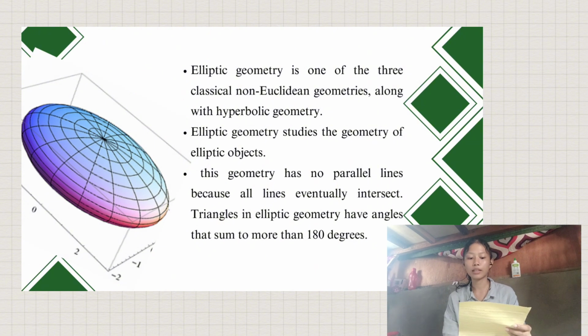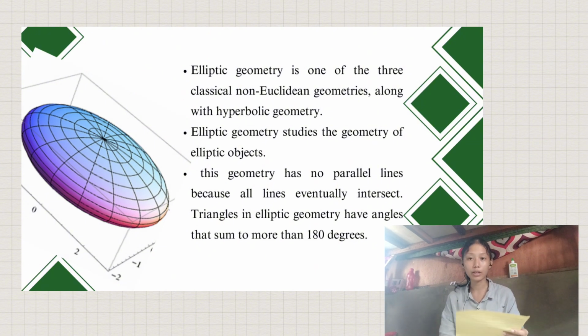This geometry has no parallel lines because all lines eventually intersect. We cannot see straight lines that are parallel because in elliptic geometry we can only see curved lines that always intersect and are not parallel.